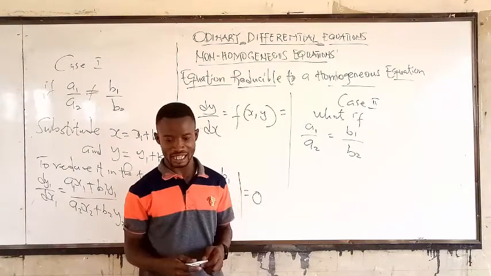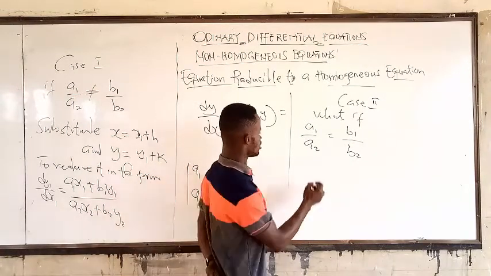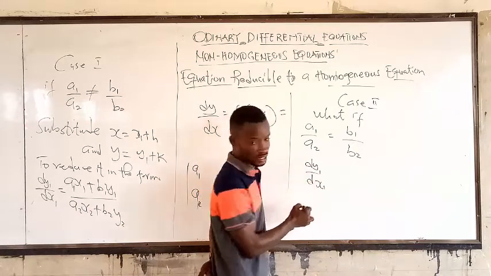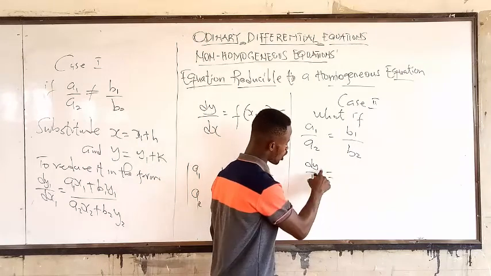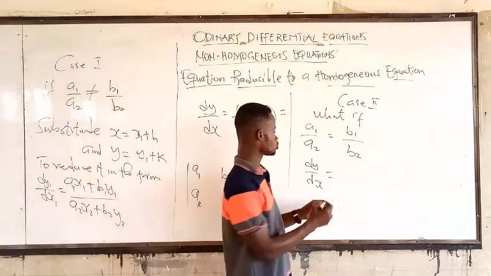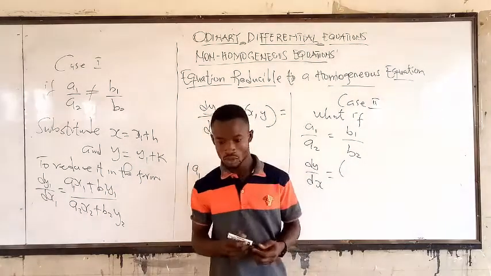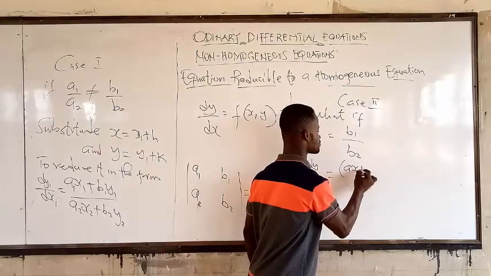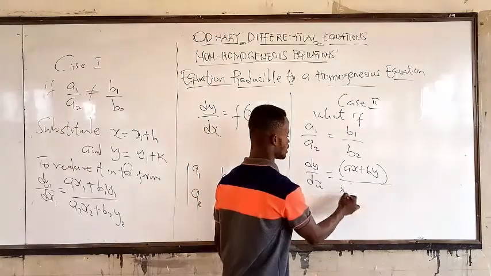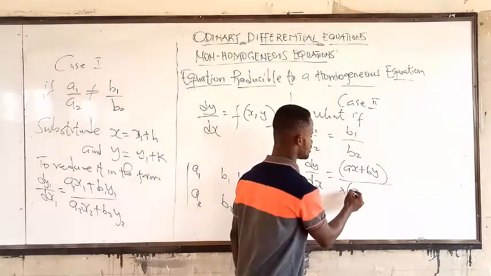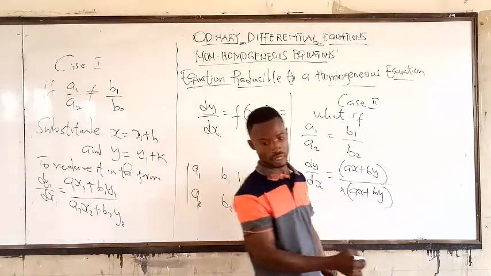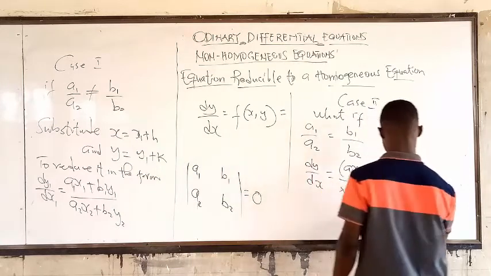If that is equal to that, that means that we can get y over x to be equal to (ax plus by) over lambda (ax plus by) plus c.